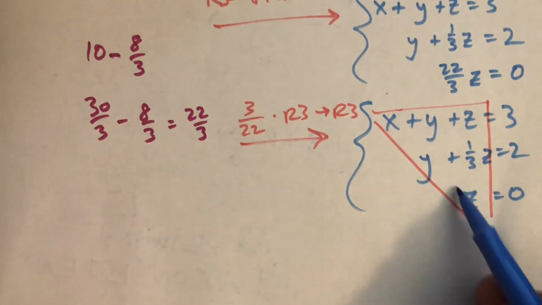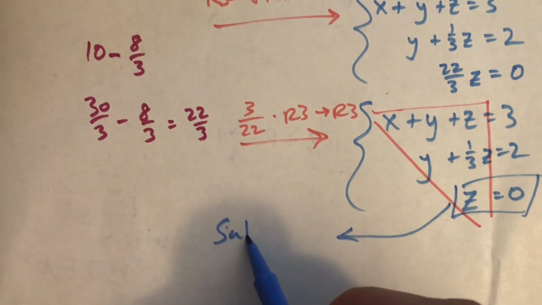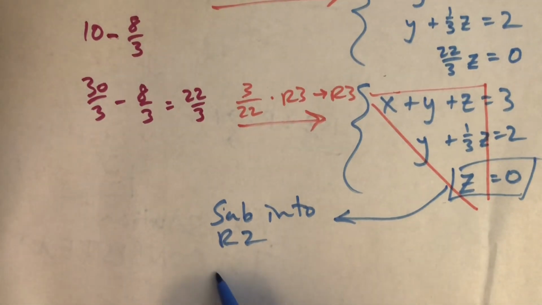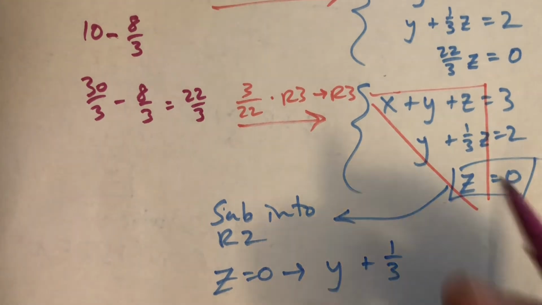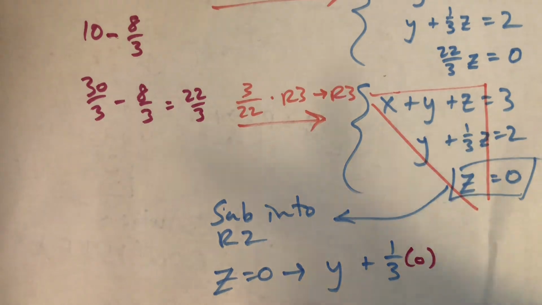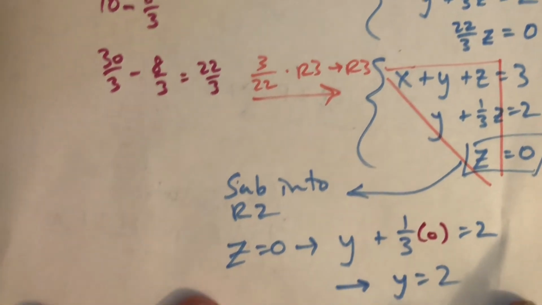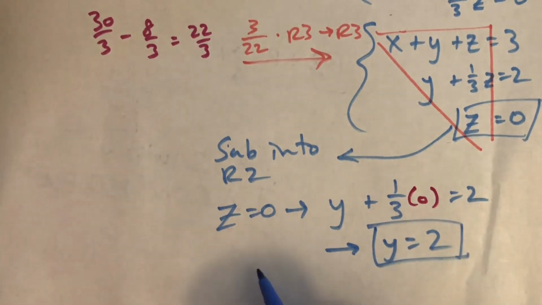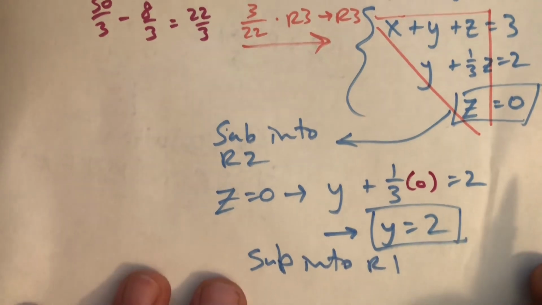So maybe I can write this instead of just saying it. Let's substitute into row 2, where we've got z equals 0. This tells us that y plus 1/3 times 0 equals 2, so y equals 2. So we've got z equals 0, y equals 2, and we can substitute into row 1 now.